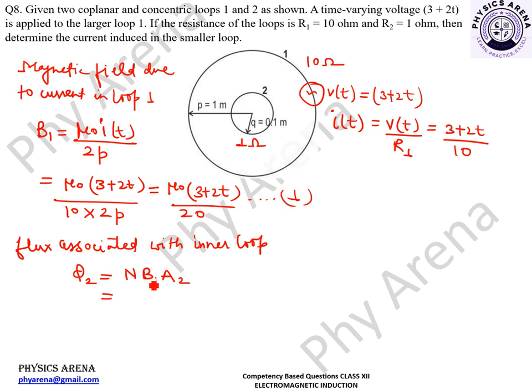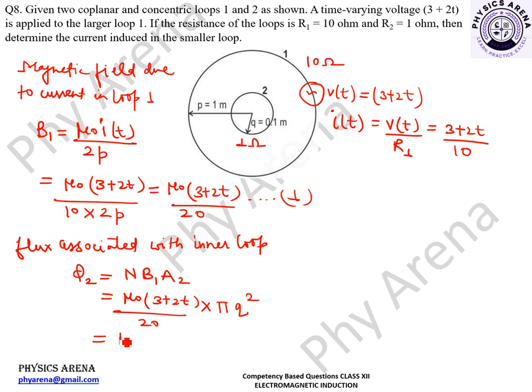So it will be B1 multiplied by A2, and B1 is mu naught 3 plus 2t divided by 20 multiplied by area of the inner loop, and area of inner loop will be pi into q square, where q is the radius of the inner loop, and it is 0.1 meter.